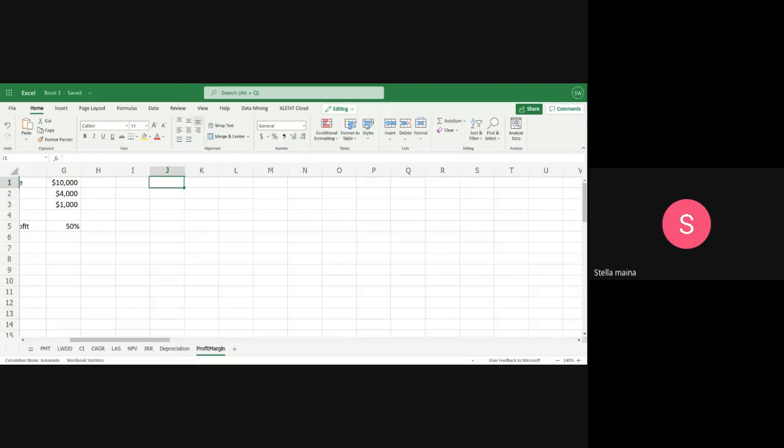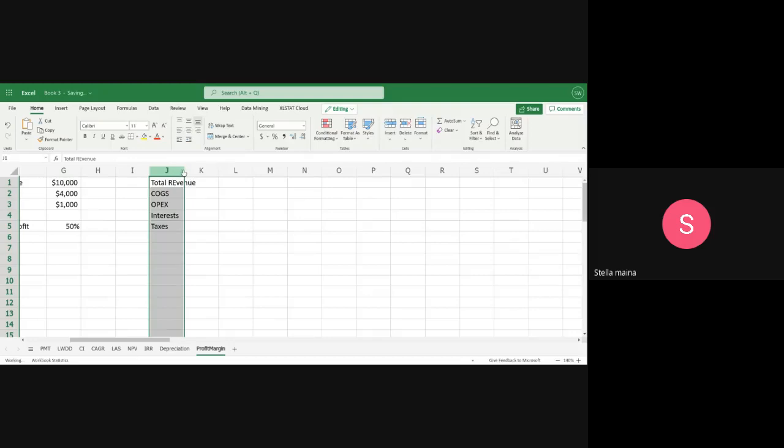So to do that, we're just going to do total revenue, cost of goods sold, operating expenses, and then interest and taxes.